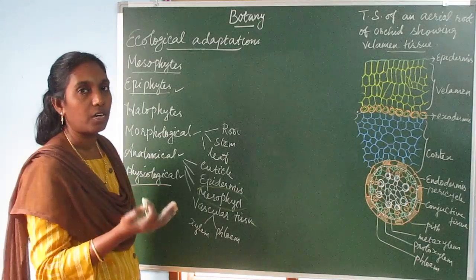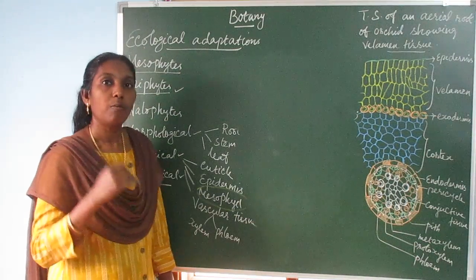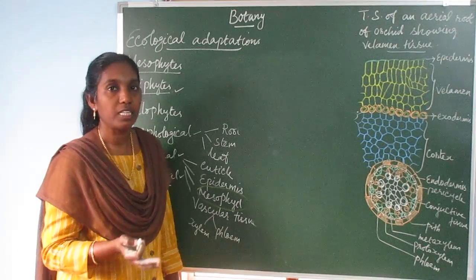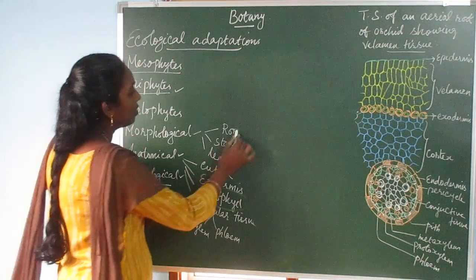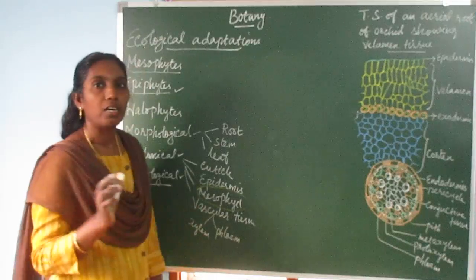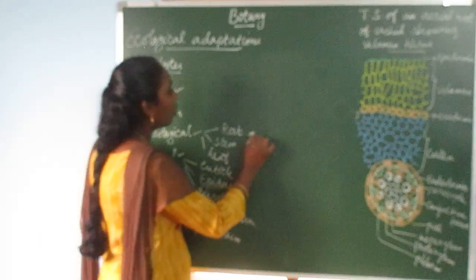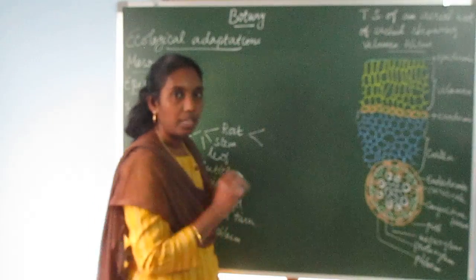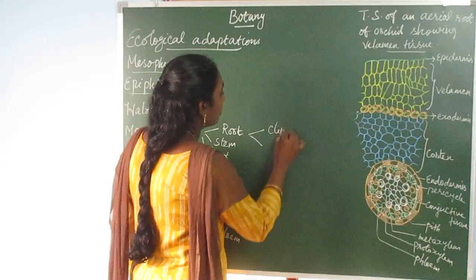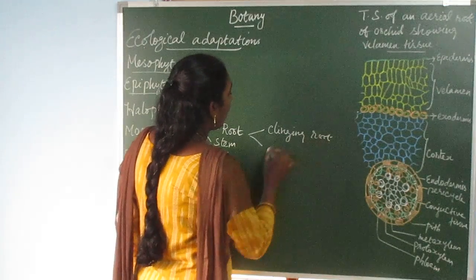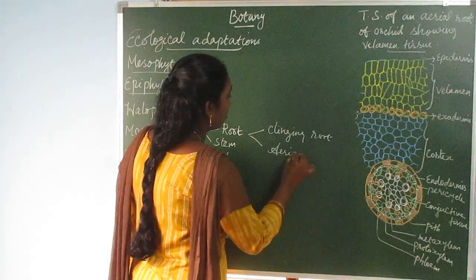What are the morphological adaptations? So morphologically, the plants are adapted in such a way. The first morphological adaptation is regarding the root. The roots in epiphytes are of 2 different types. They are clinging roots and aerial roots.